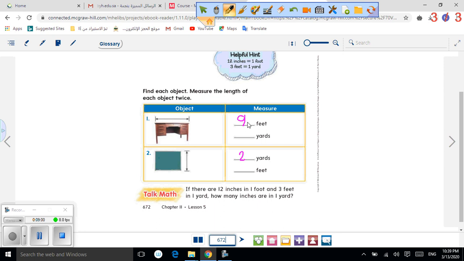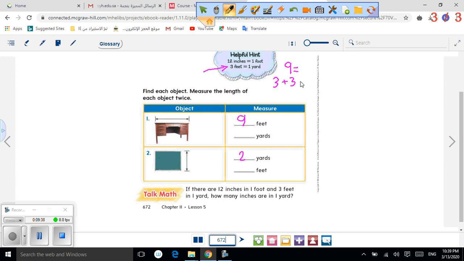This office is 9 feet in length. So how many yards in 9 feet? Our rule is that 3 feet equal 1 yard. So how many threes in 9? 3 plus 3 will be what?